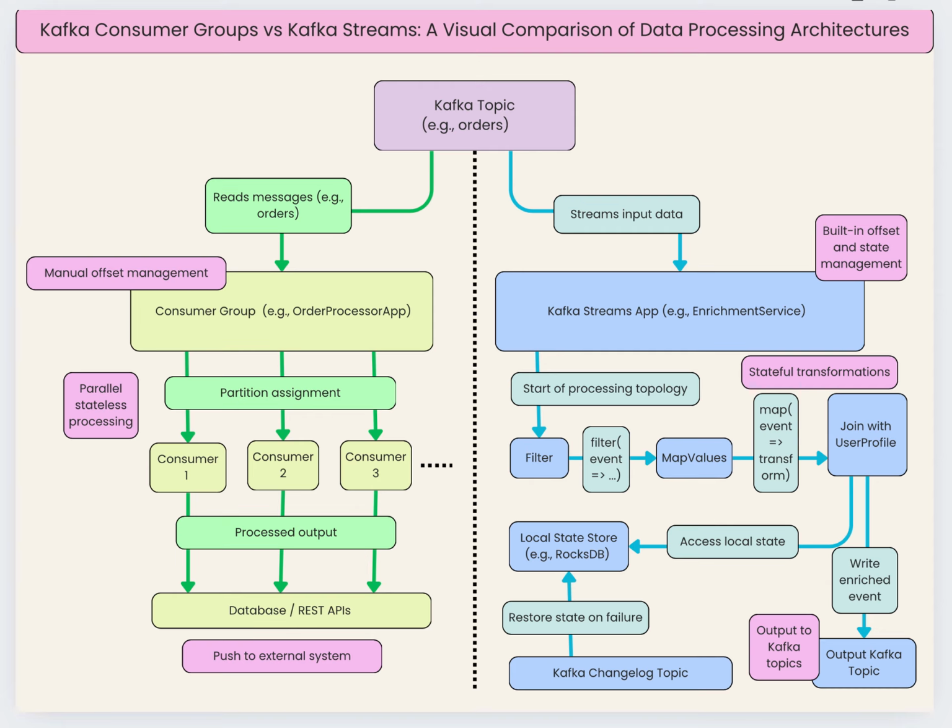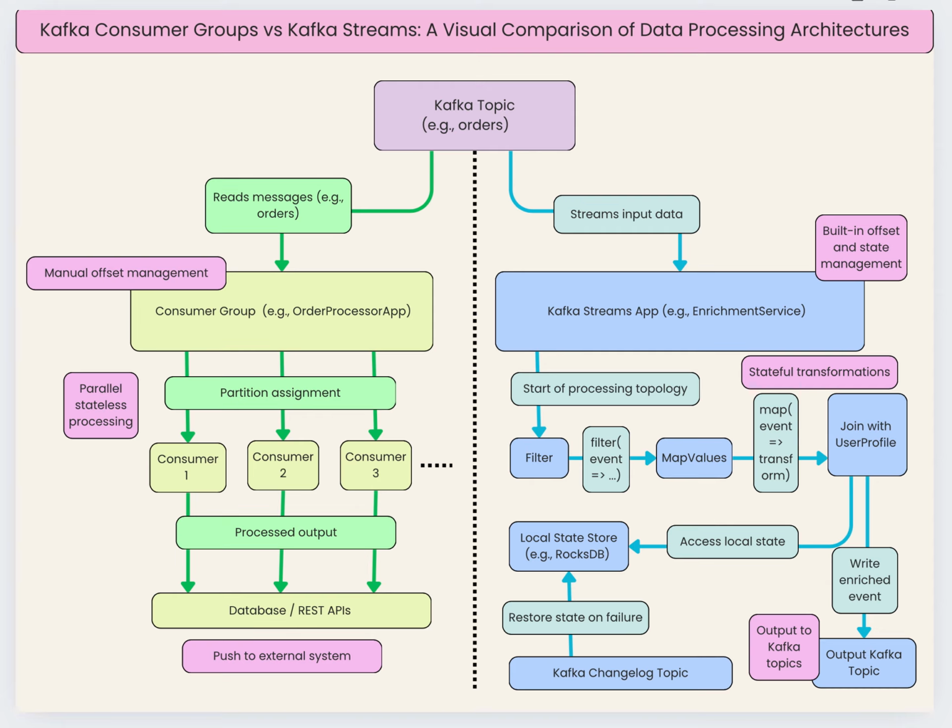Another strength is exactly-once processing. With proper configuration, Kafka ensures that every record is processed once, even if the app crashes or restarts. This eliminates duplicate writes and keeps aggregates accurate.